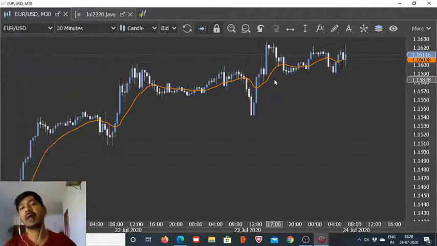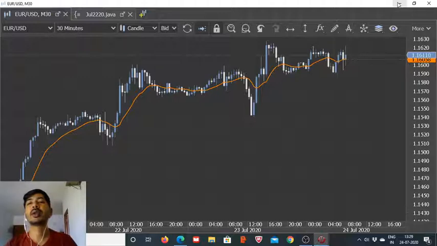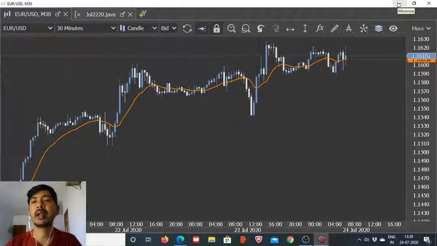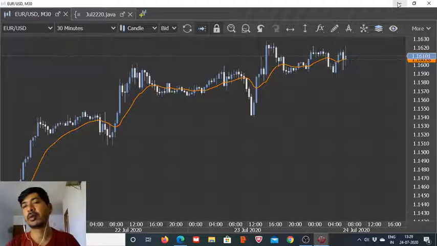And many a times EMA is also taken as a constituent of other indicators, like in case of MACD or some other indicators. So that way also you can use the EMA. EMA is a very versatile indicator, and it is widely used as well, fairly simple to understand and easy to use, and that's what has contributed to its immense popularity among the trading community.